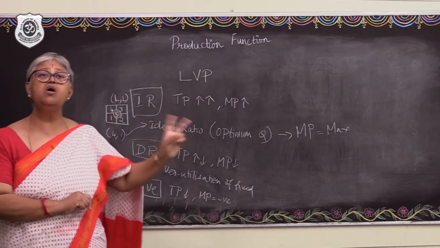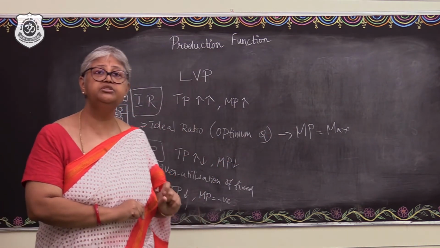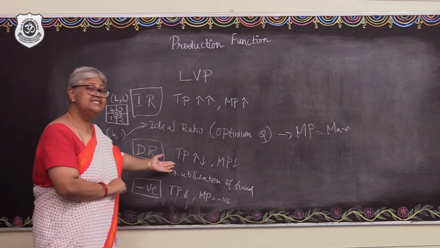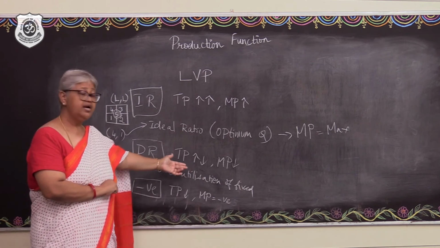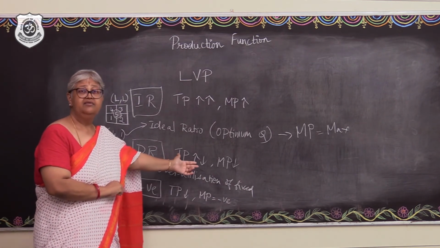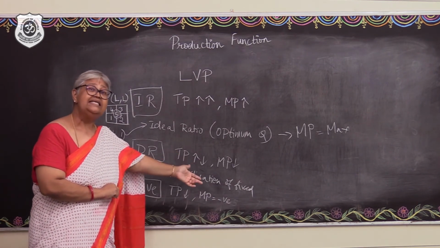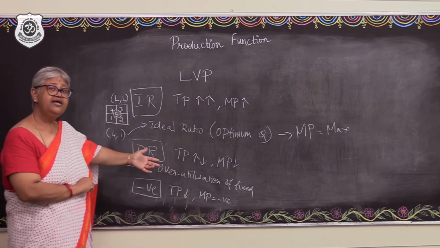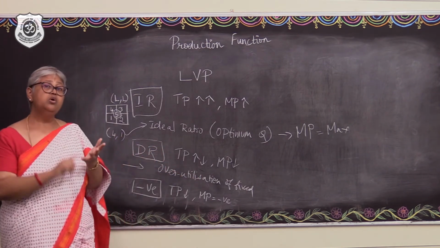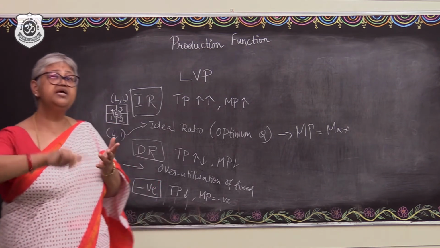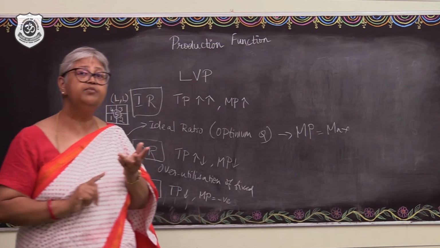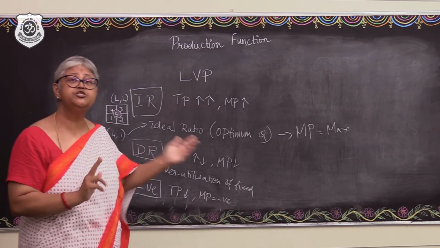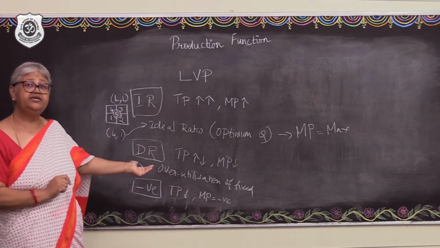There's going to be poor coordination between these two inputs. That is what resulted in a decreasing marginal product, and the total product will increase only at a decreasing rate. Alright. So what did I say? Poor coordination between the inputs, poor substitution of the variable input and the fixed input, and overutilization of the fixed factor.